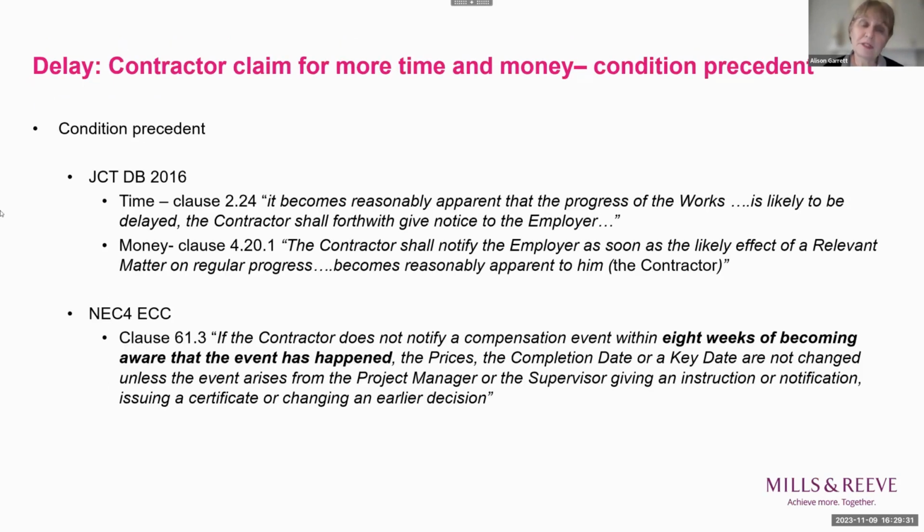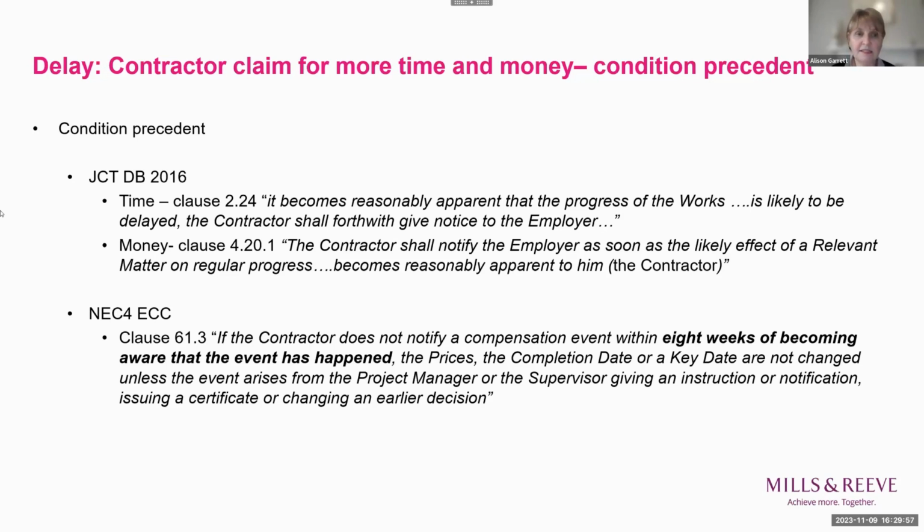So turning to the point, the link to my top tip, I want to talk about condition precedents, both in relation to those forms of contract, by which I mean a clause that only comes into effect when a specified condition is met, or in other words, what steps a contractor has to take in order to be able to claim more time and money.